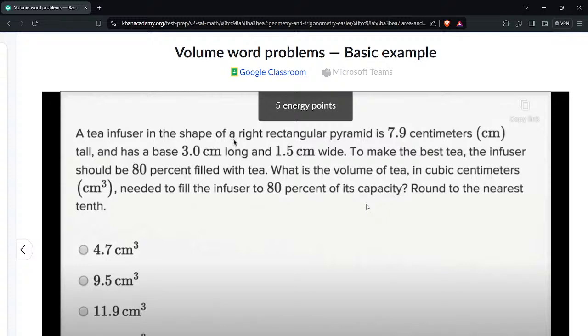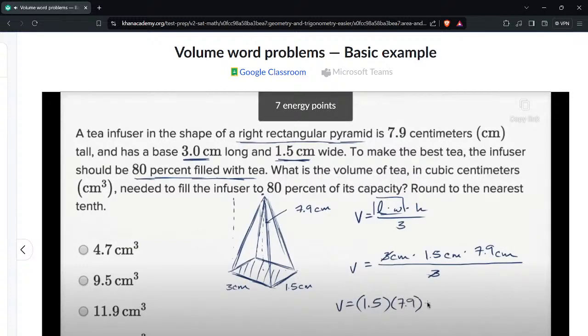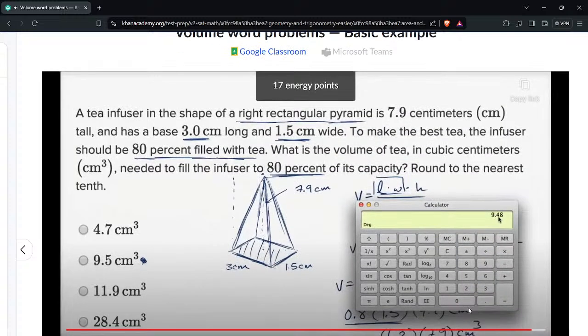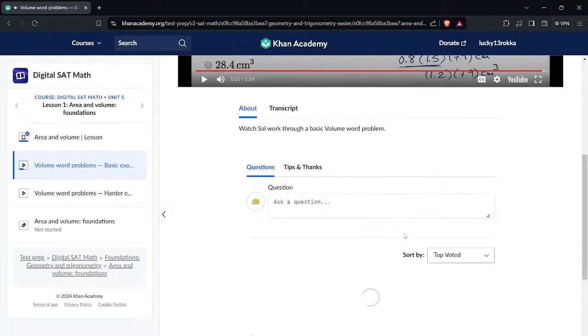Now we take 80% of the answer. 9.48 cubed centimeters. If we round to the nearest tenth, we have an 8 in the hundredths place, so we round up to 9.5.